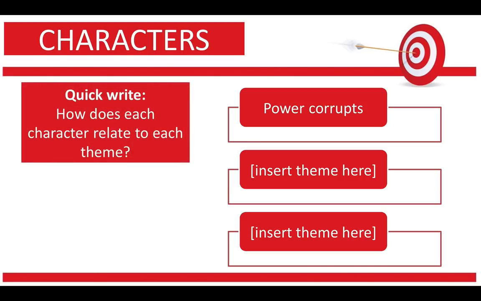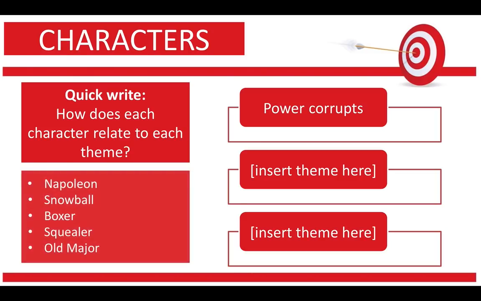So pause this video in a second once you see the characters' names here, and you're going to do some writing in your notebook about how each character relates to a theme. So for example, power corrupts might have to do with Napoleon, it might have to do with Squealer, but I want you to come up with themes related to these other characters too, of Boxer, of Old Major, of Snowball.